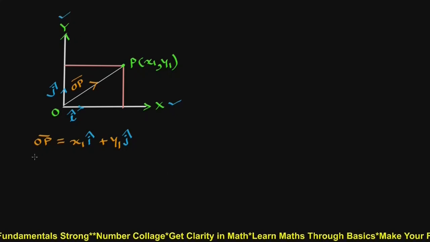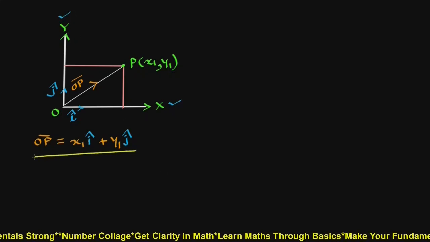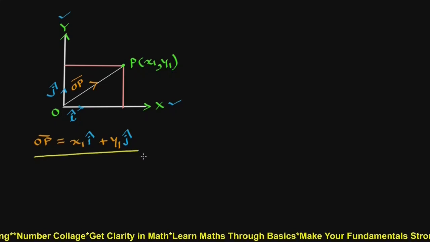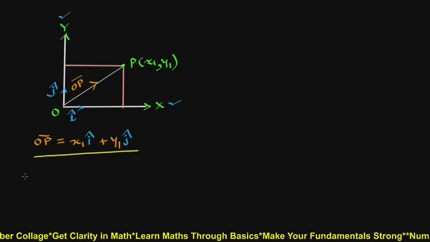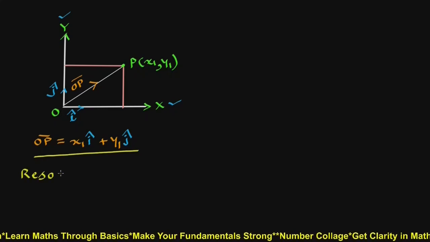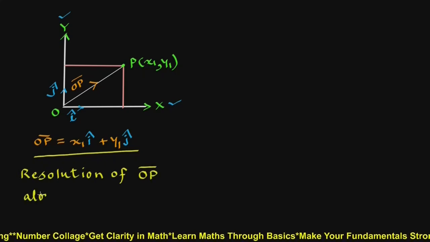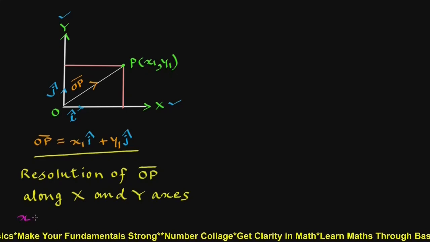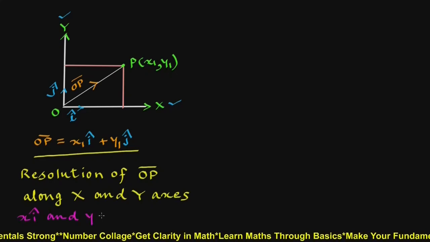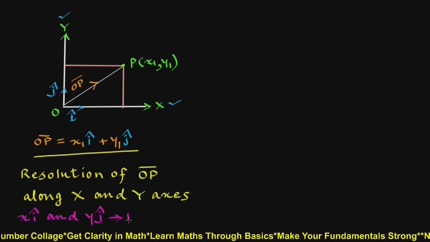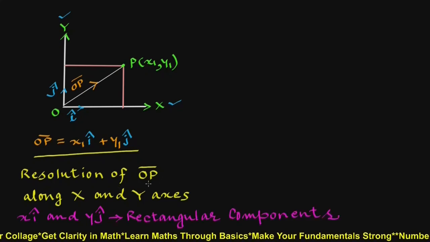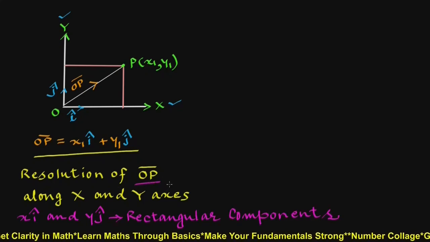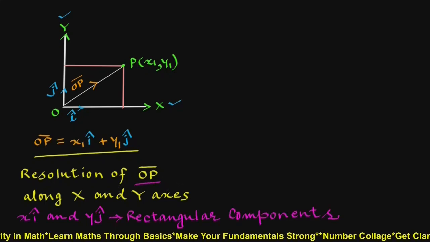And when we write OP bar equals x1 i cap plus y1 j cap, this is known as resolution of vector OP bar along x and y axis, where x i cap and y j cap are rectangular components of vector OP bar along x and y axis respectively.